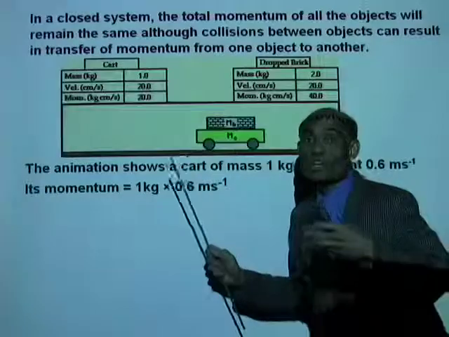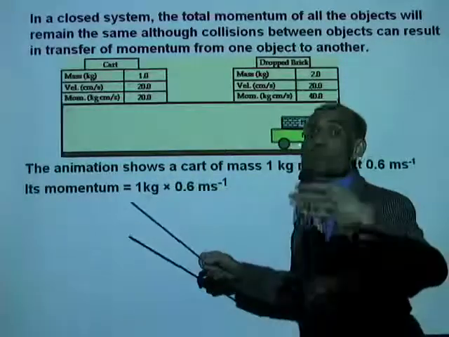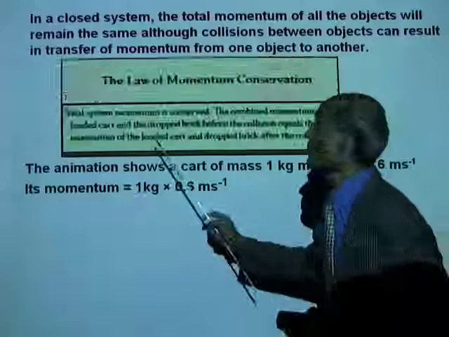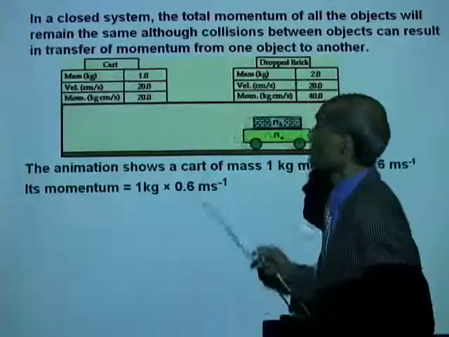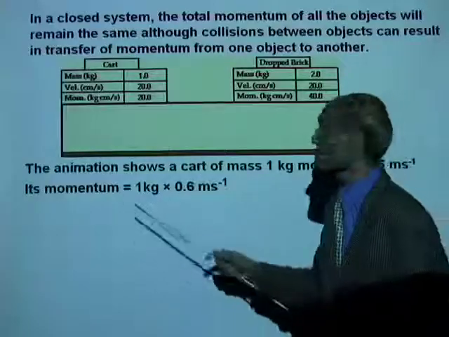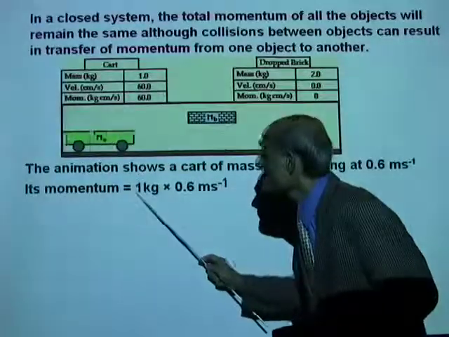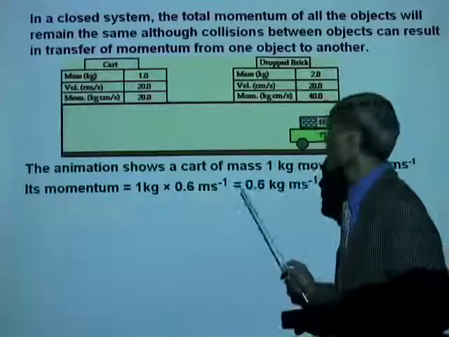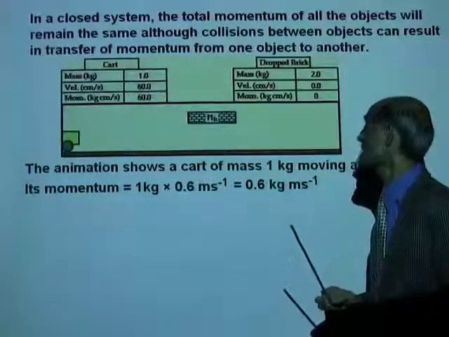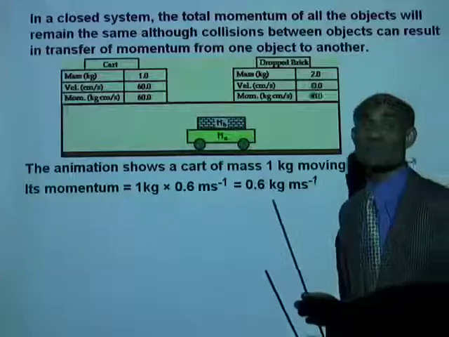Therefore, let's calculate the total momentum before that action. What is the initial momentum of the, well, what do you want to call it, the cart? That will be its mass times its initial velocity. That will be 0.6 kilogram meter per second.